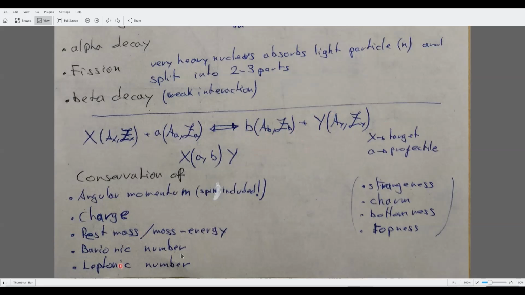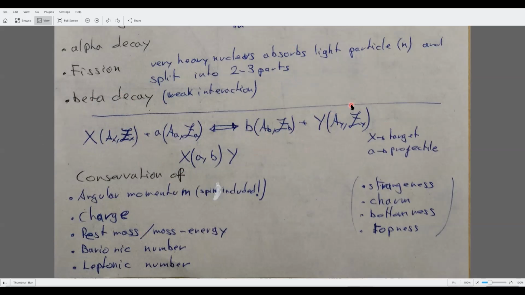The baryonic number, that is the number of baryonic particles before and after, has to be conserved. So like we see in the reaction with proton and proton, we have two baryons.